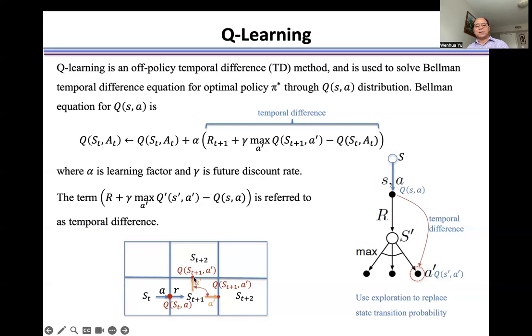That means how many A primes can be selected. If, for example, moving up can bring the maximum Q, then we use this maximum Q in this formula to get this temporal difference, then update to the new Q value here.